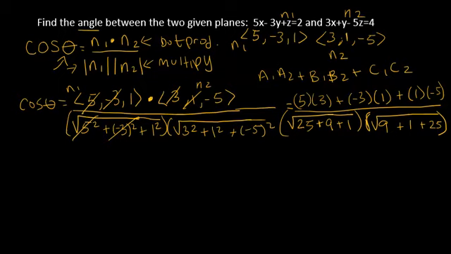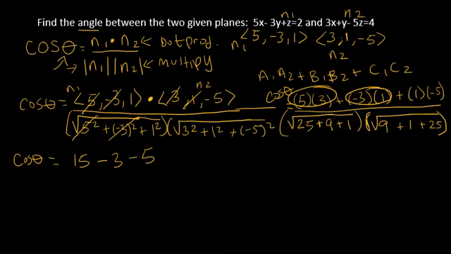Well, let's bring it down a little bit. I still have cosine. All of these are cosine. I have 15 from right here, and then I have -3 from the middle. The last term, I'm going to use -5 right here.